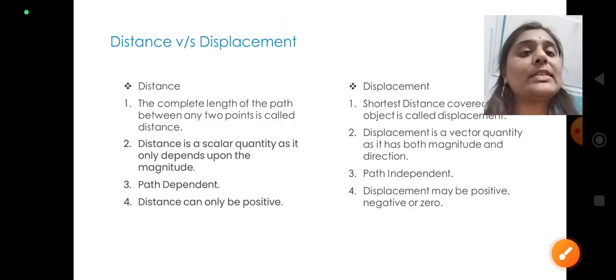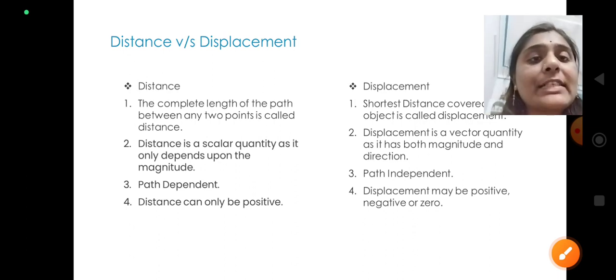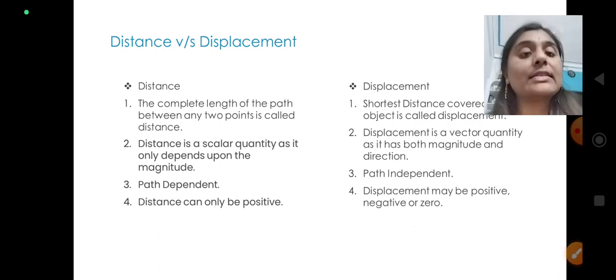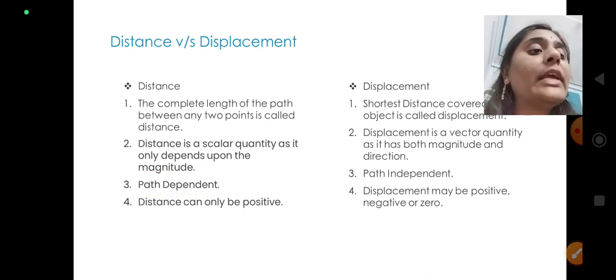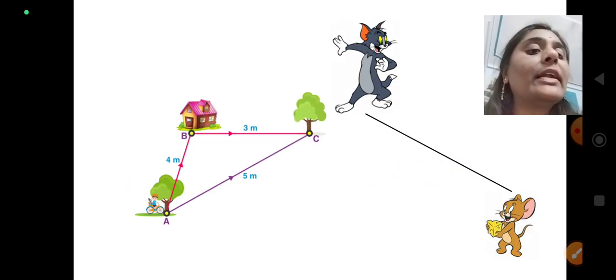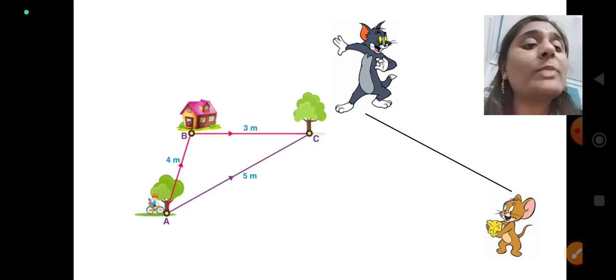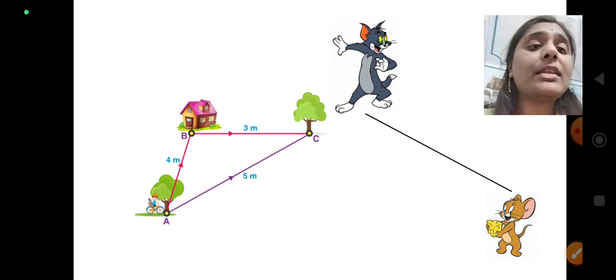Let us see the differences once. Now I hope you will understand. Distance is a path dependent quantity, right? Displacement is a path independent quantity. In this example we have seen path doesn't matter at all, but displacement will be 5 meter. But what distance has that boy covered? 4 meter and 3 meter he has covered.